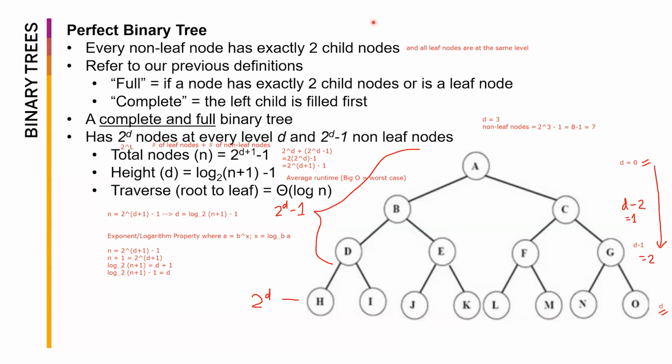But you can also treat it as the worst case if we have to traverse from the root down to the farthest leaf. So big O will still be log n. So the worst case is equal to the average case.